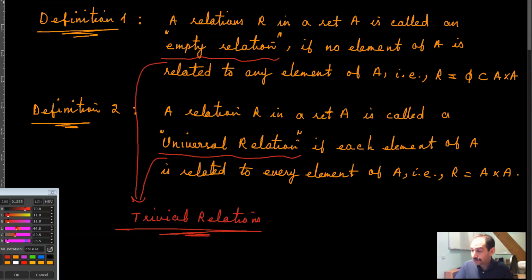Okay, so now let's do a couple of examples. Example number 1 is: let A be the set of all the students of a boys' school.